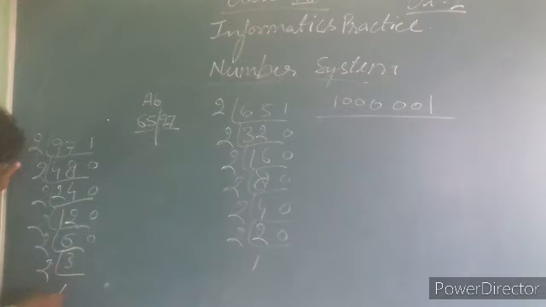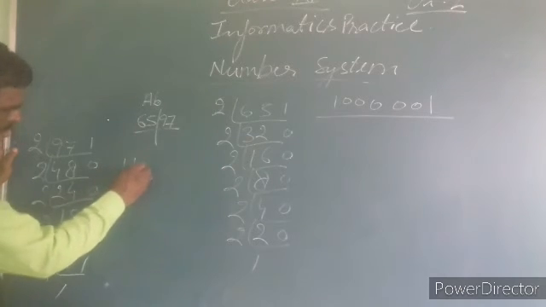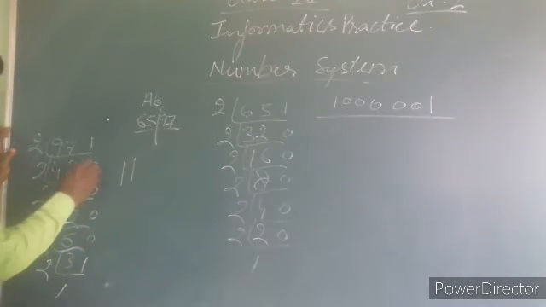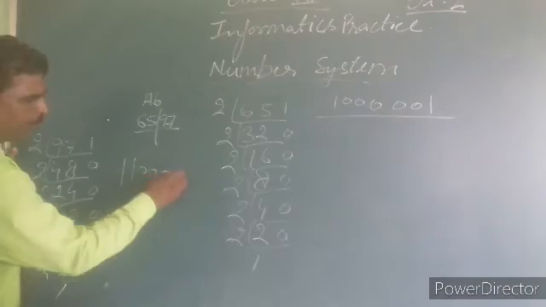After that 2 1 is 2, remainder is 1. So it will be written 1 1, then 1 2 3 4 times 0.